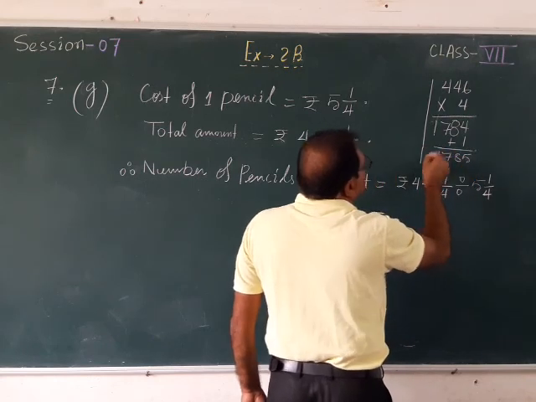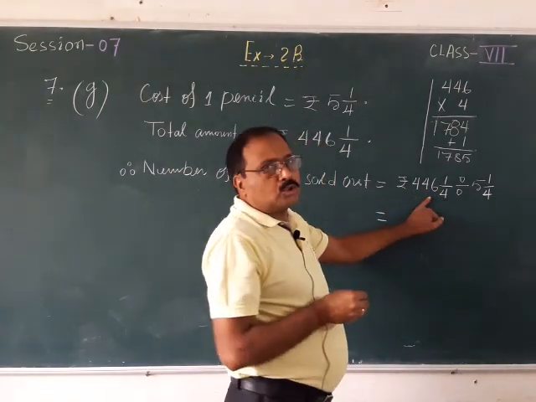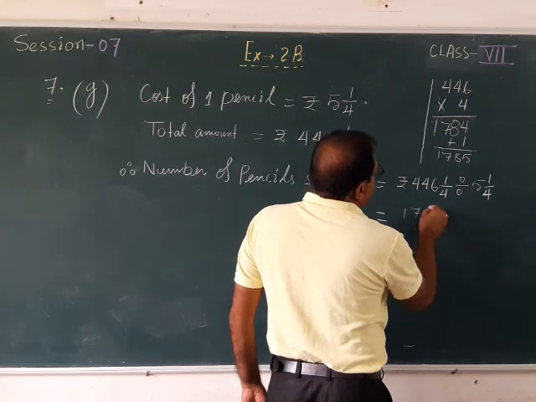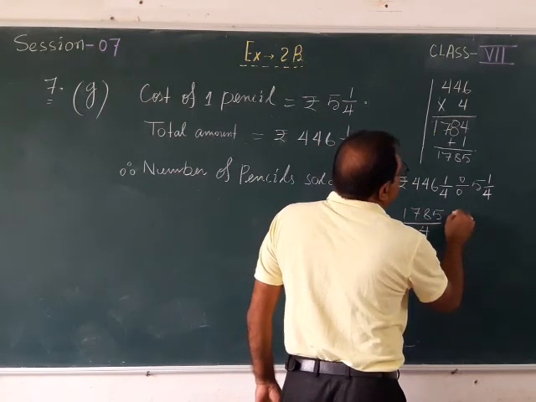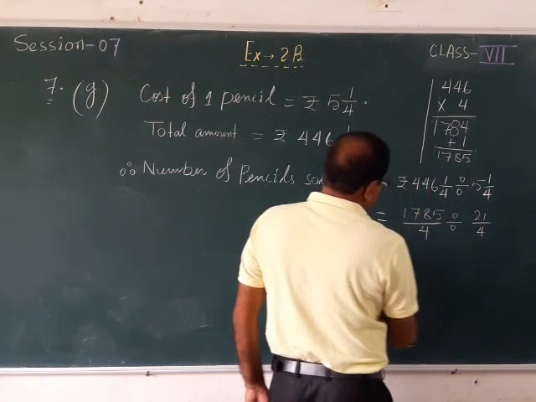This is the rough work I am doing to change this mixed fraction into improper form. So, this is 1785 upon 4, then write the division sign, 5 fours are 20 and 1, 21 upon 4.